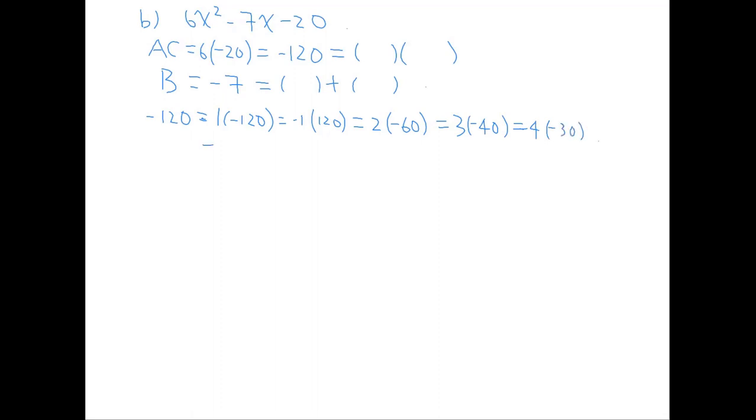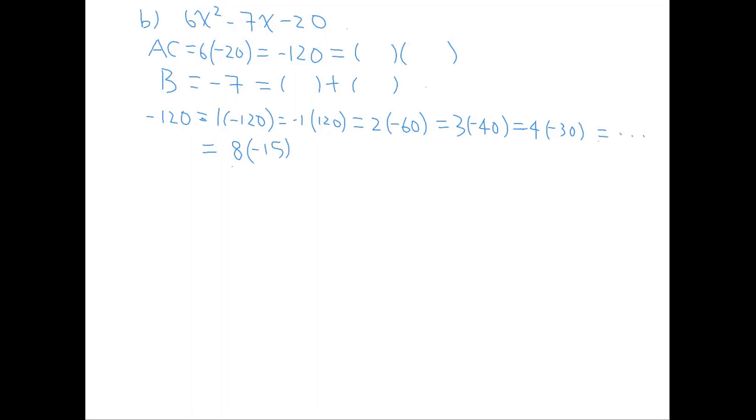I keep going until, let's say, the next one, 5 times 24. No, 6 times 20. It's about 14, right? Positive 14 or negative 14. It still doesn't work. 6, how about 8 times negative 15. This one works, right?